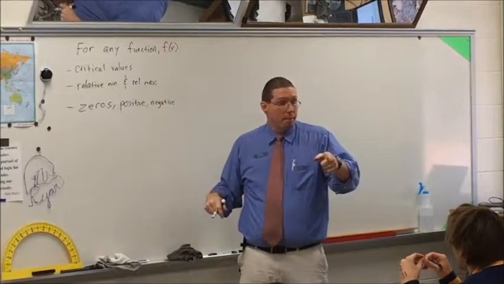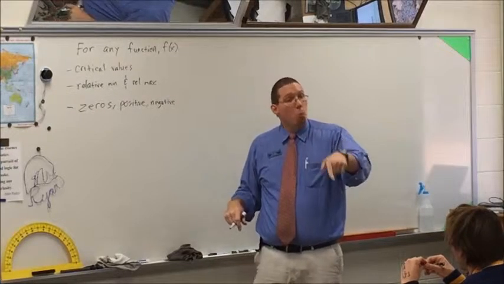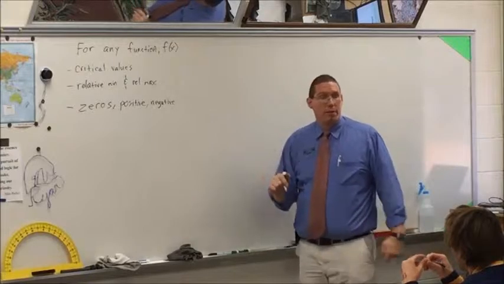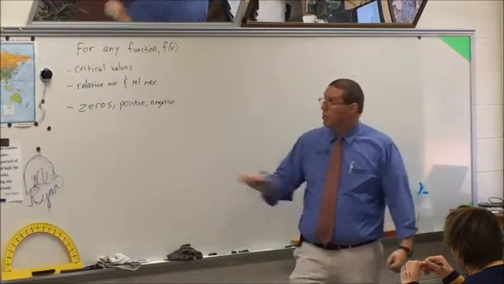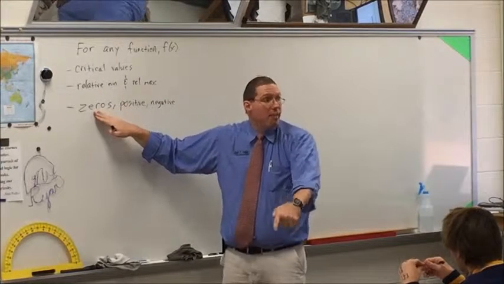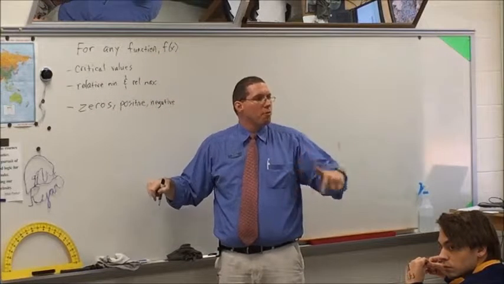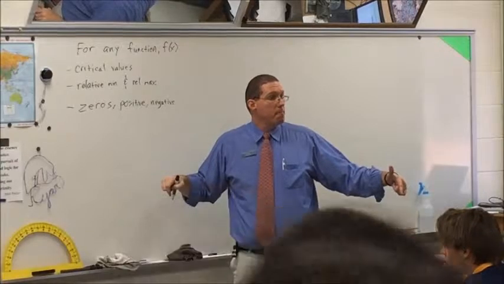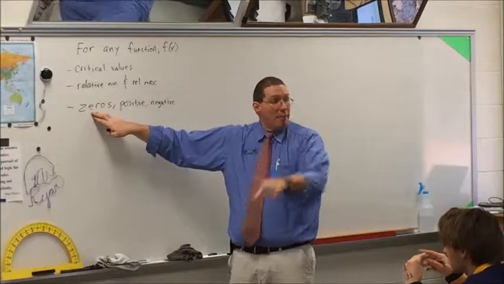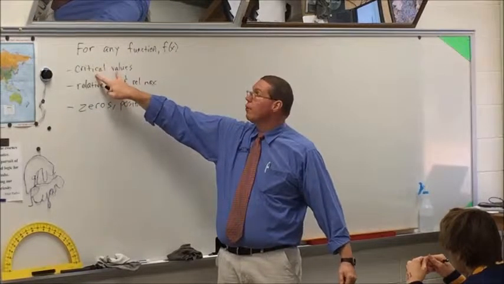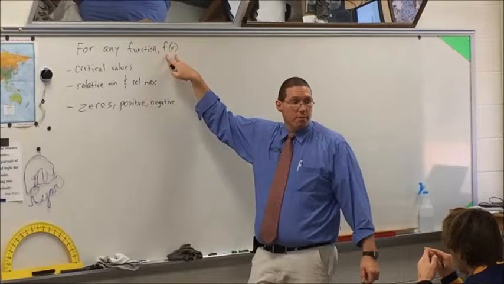It tells us what? The original function. And what do we call that is already listed here? The critical values. Because the zeros of f prime of x, if you can identify the zeros of f of x, you can identify the zeros of f prime of x. Right? And the zeros of f prime of x are the critical values of f of x.